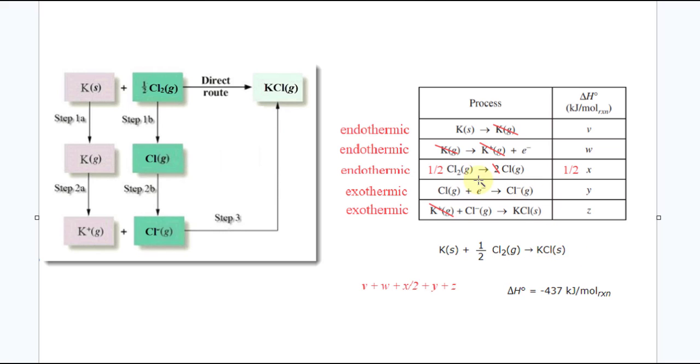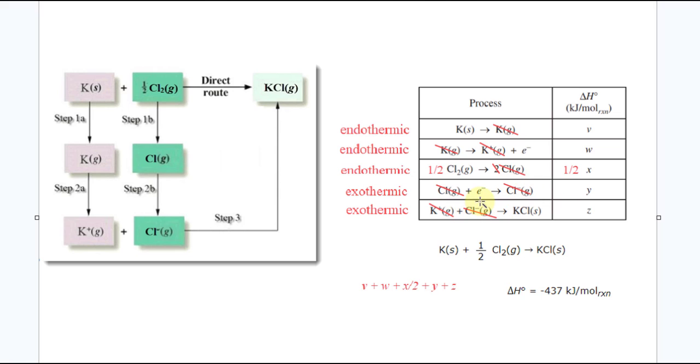Well, what about our chlorines? Indeed, we have our half chlorine gas, which is certainly desired here, but we don't have any chlorine individual gas. So let's see if that cancels out, because we did have that half, making it just one chlorine gas. That cancels, and our chlorides cancel too.